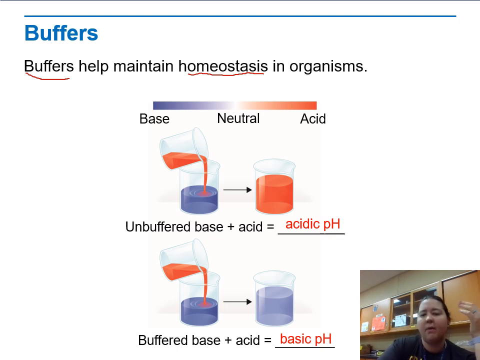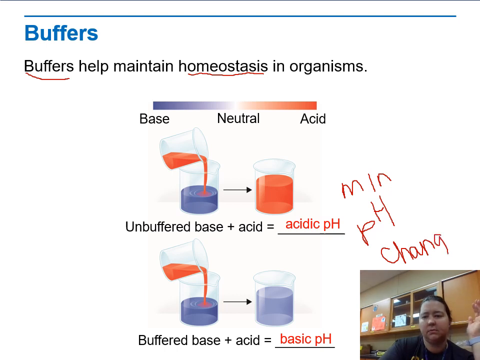Whereas if we have a buffer in place and we add acid, we are going to minimize that pH change. So buffers help to minimize pH change when conditions are not optimal. If for some reason your system is not in optimal condition, this helps to minimize that pH change.